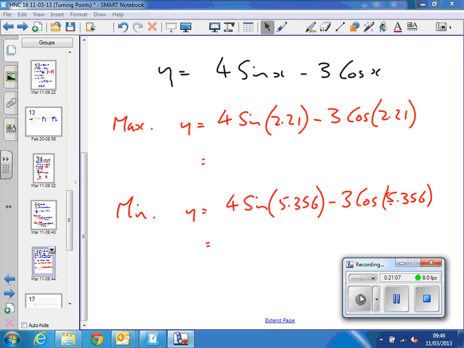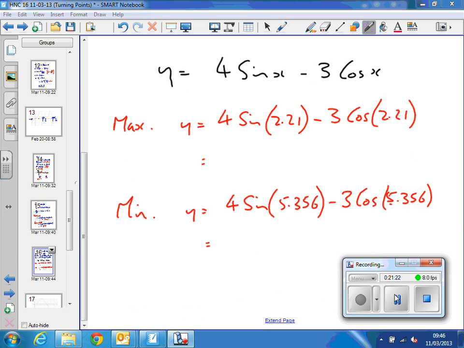So for the maximum, substituting 2.21 into the original function. For the minimum, substituting 5.356 into the original function. And that will tell us the magnitude of those turning points.